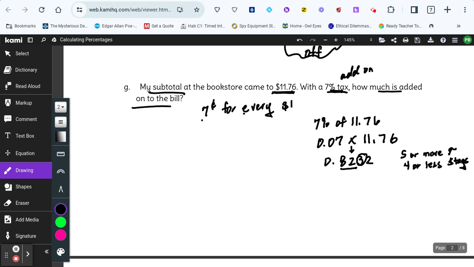Okay? All right, so that 3 is 4 or less, so it fits in this category. So 82 cents is going to stay at 82 cents. So it's going to be an 82 cents tax, which is an 82 cents add on to the bill.